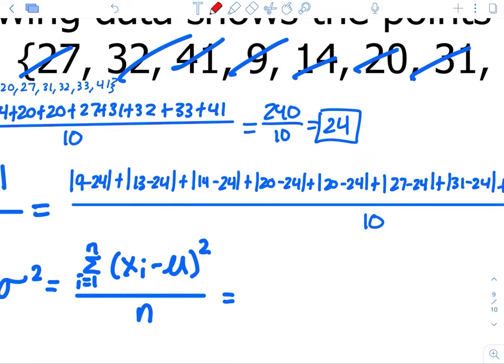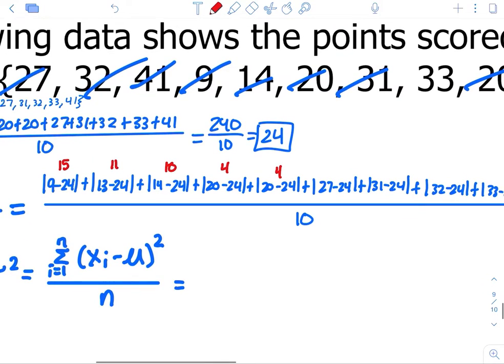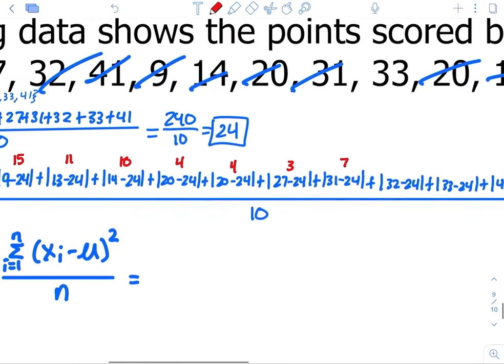So now let's simplify this. 9 minus 24 is negative 15. Absolute value of negative 15, 15. 13 minus 24, negative 11. So positive 11. So I'm just going to keep on going, you guys. Remember, absolute value gives you the positive value, right?